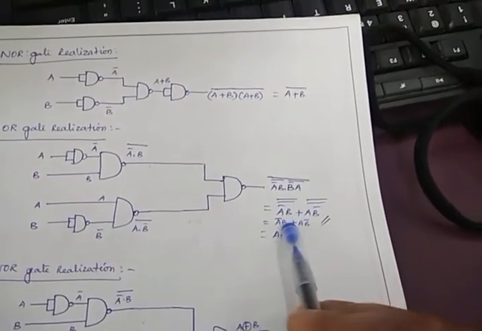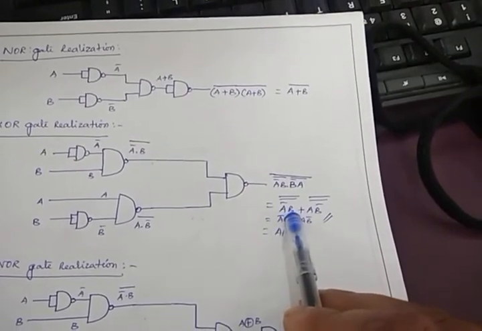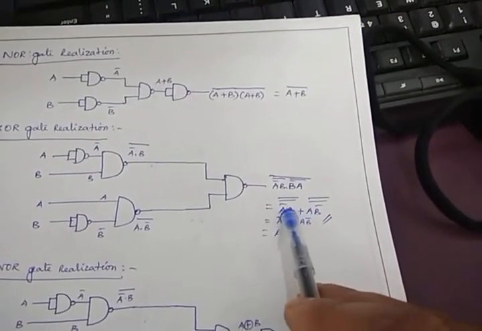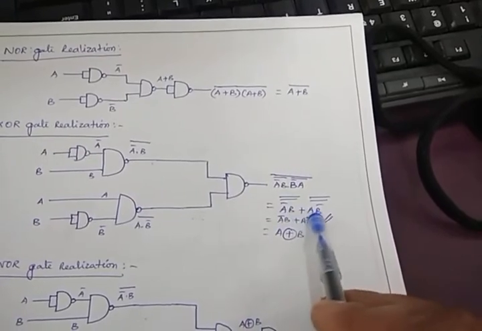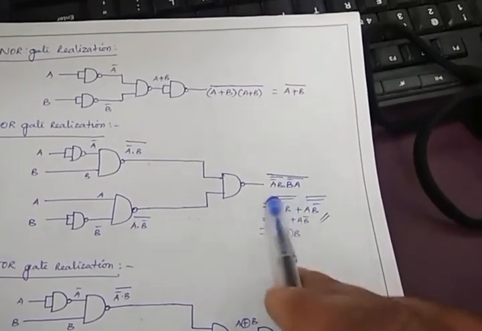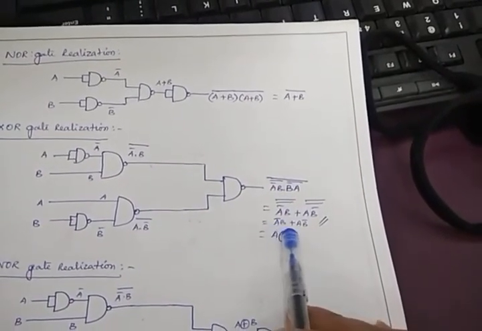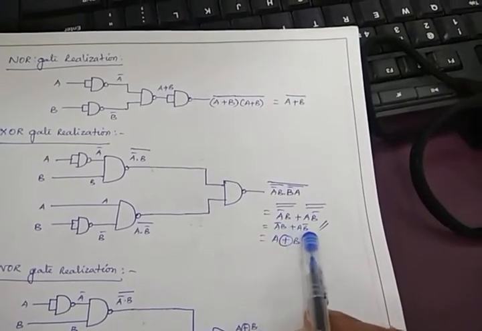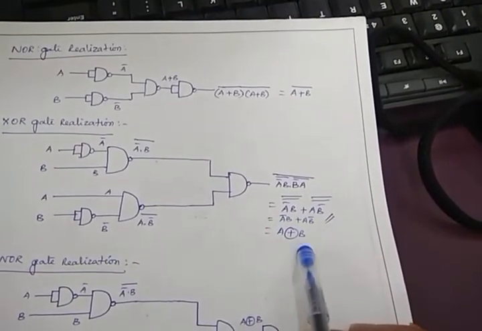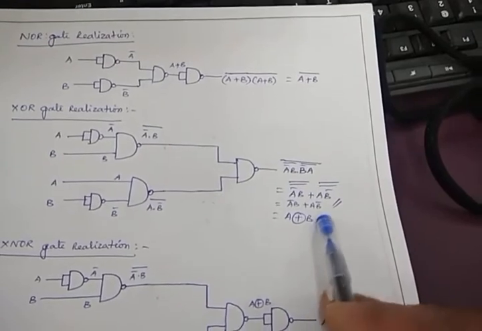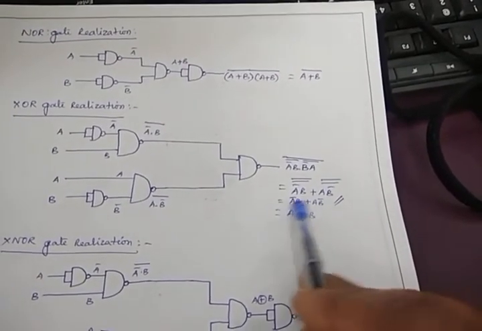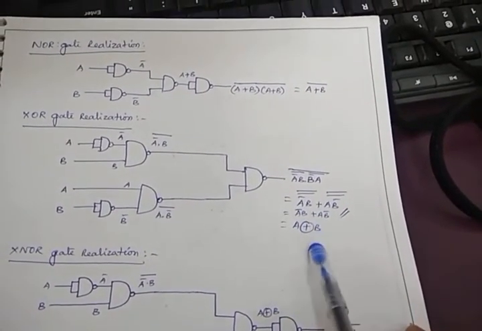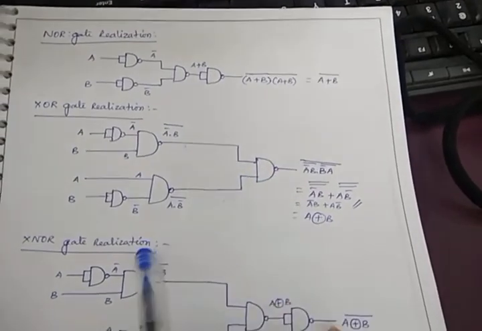Then apply De Morgan's theorem: A bar B double bar plus A B bar double bar. Double bar gets cancelled. So you will be getting A bar B plus A B bar. So this is the output of exclusive OR gate, that is XOR gate. So we realized the XOR gate output by using only NAND gates.